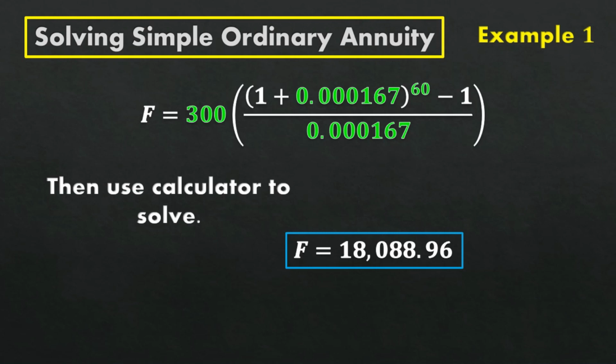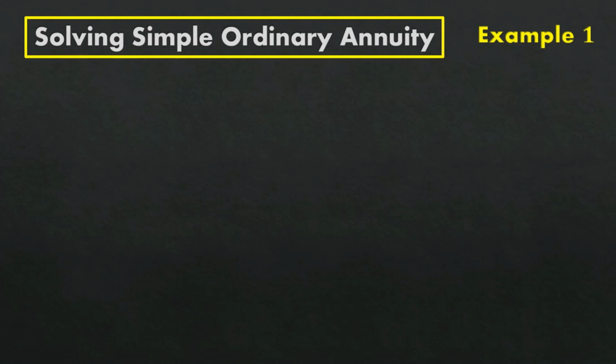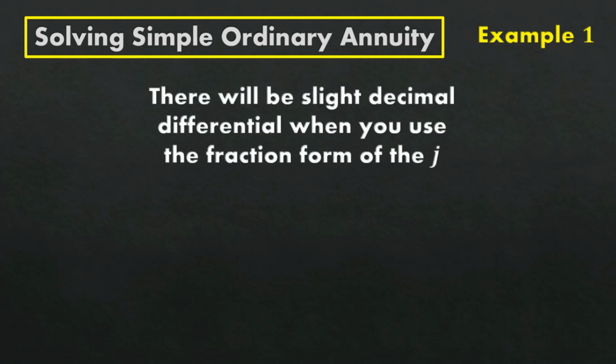Ngayon ang problema dito kapag kayo ay nag-round off dun sa solution, like ginawa ko 0.000167, comparing doon sa mga gumamit ng calculator talaga to solve, as in R over N yung ginamit nila, magkakaroon ng slight difference with the fraction form of J. Kasi nga, sabi ko, 0.002 divided by 12 or over 12, ayun yung fraction form ng J natin.